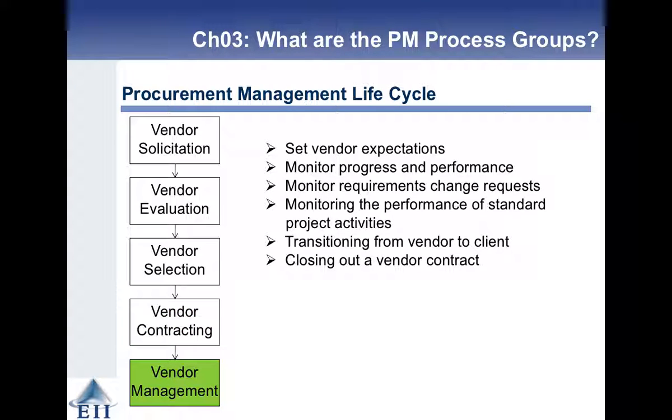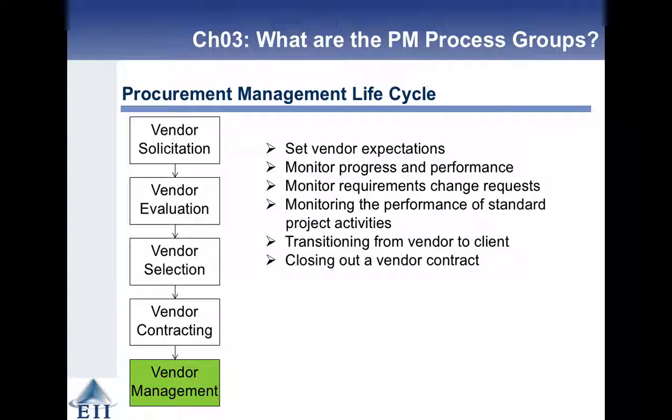And then finally we need to manage the vendor, make sure when they start their work, and then we need to make sure that we monitor and control them as we go through, and close things out once they're done.